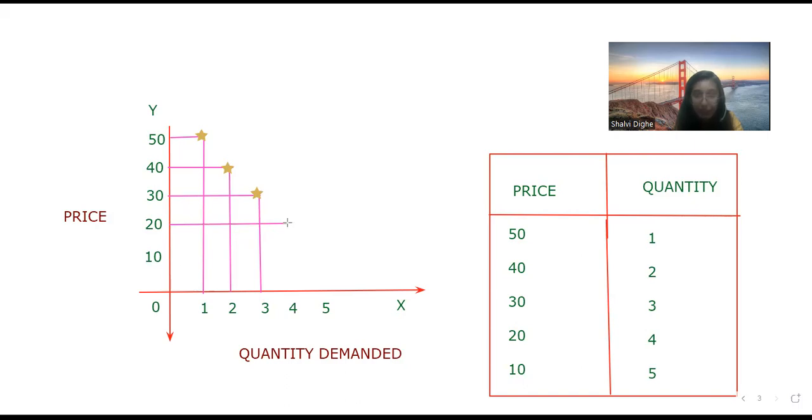So that is how we buy 4. Again a star, that is your dot which you're going to show. And the last part, that is the price. When the price falls to 10, students, the quantity which we are going to buy is going to be 5.